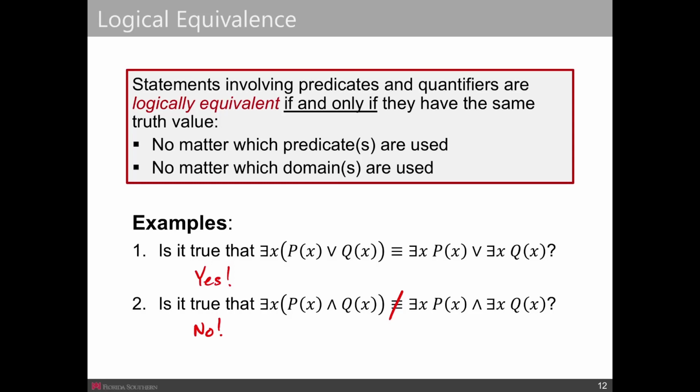On the left side, we're saying there is at least one person that likes both of those things. On the right side, we're saying there's a person who likes pizza and there's a person who likes quiche. Those people don't have to be the same. So the right side could be true when the left side is not, and therefore these can't be equivalent.